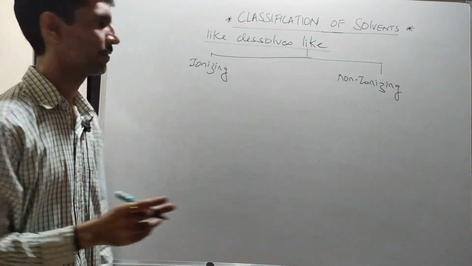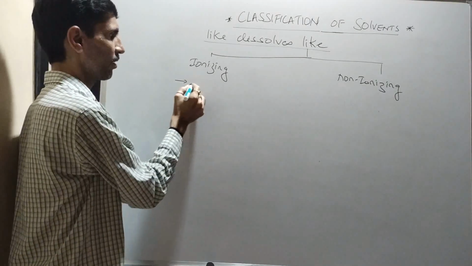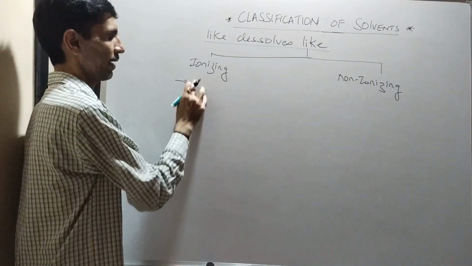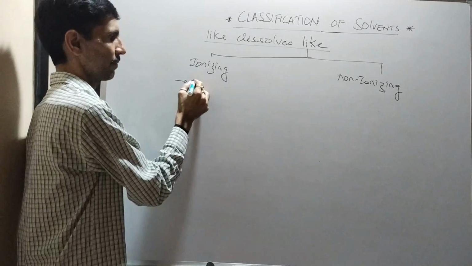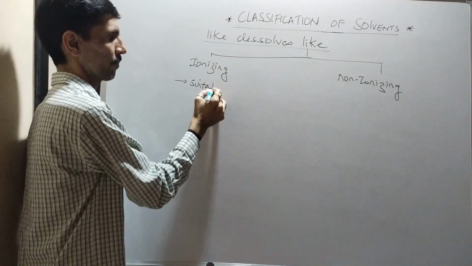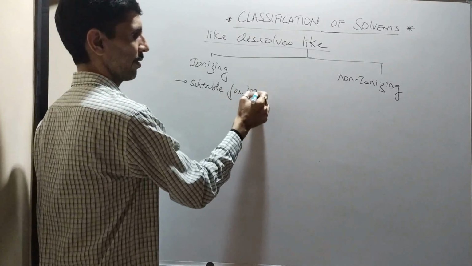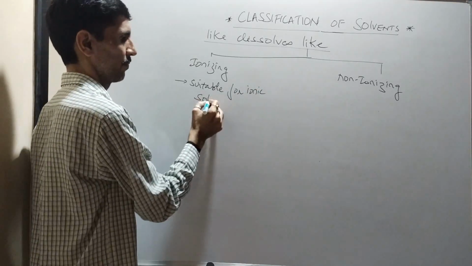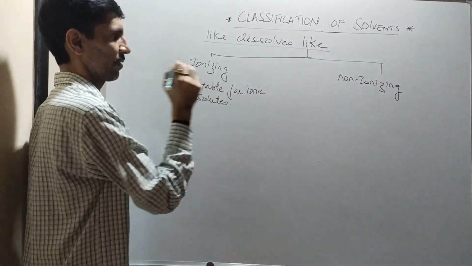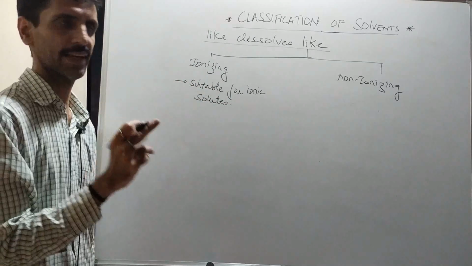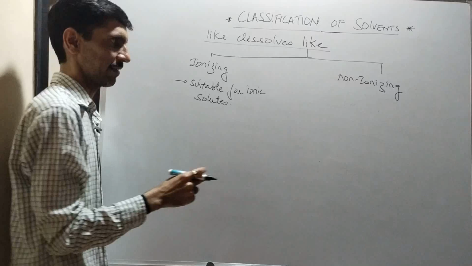So, to begin with, ionizing solvents, the first thing you have to say is that it is going to be suitable for ionic solutes. Okay, ionizing is related to ions, and ionic solutes are also related to ions.